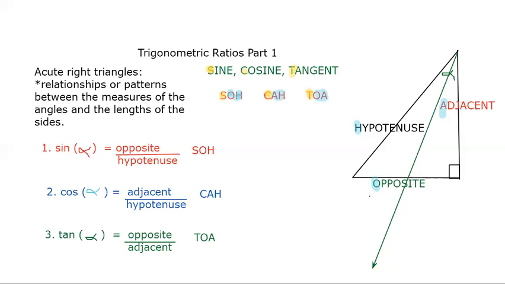Let's assume that we have the short leg is 24 of this triangle. The long leg is 70. And the hypotenuse is 74.